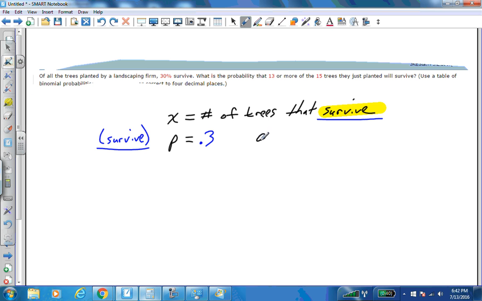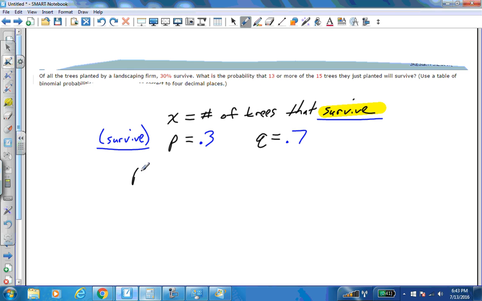The probability of failure is 70%, 1 minus 0.3, so 0.7. So if 30% survive, then 70% don't survive. Which, by the way, I'm probably not going to buy trees from here. There's only a 30% chance that each tree survives. That's probably not really good.